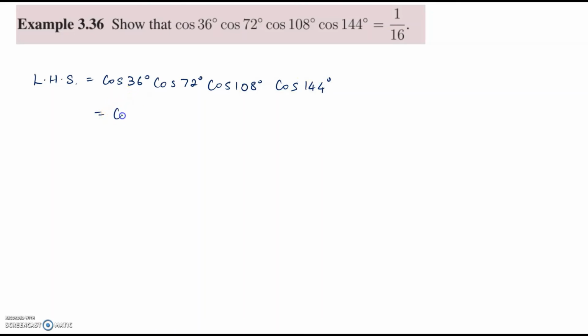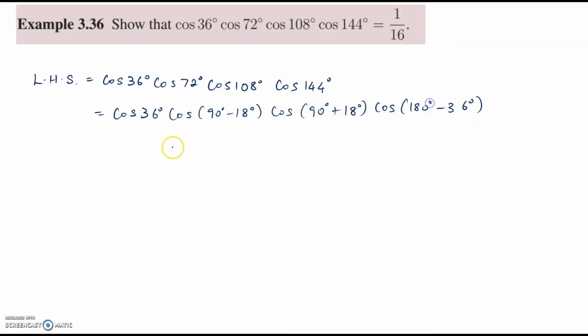Let's rewrite the second expression as cos of 90 minus 18 degrees, the third expression as cos of 90 plus 18 degrees, and the last expression as cos of 180 minus 36 degrees. All of these are in degrees.